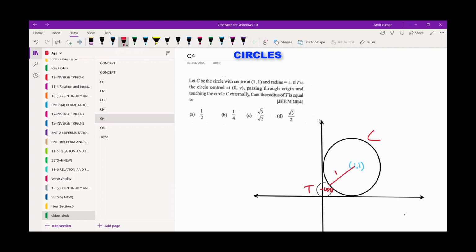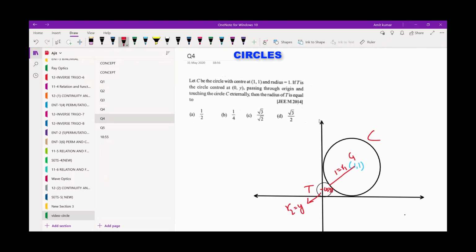The radius of this smaller circle, suppose this is R1, this is C1 and R2 is here, is y because the circle is touching the x-axis. So my R2 is y.